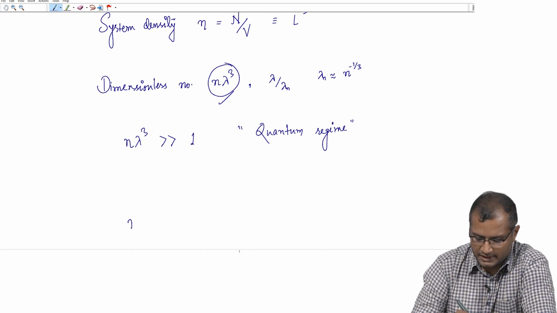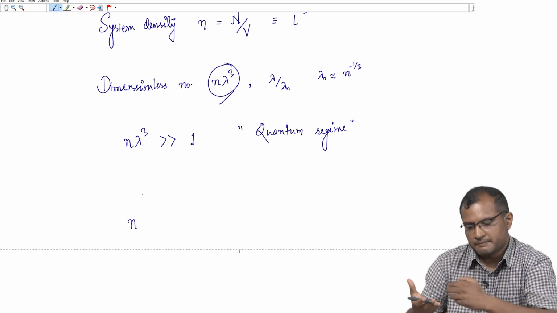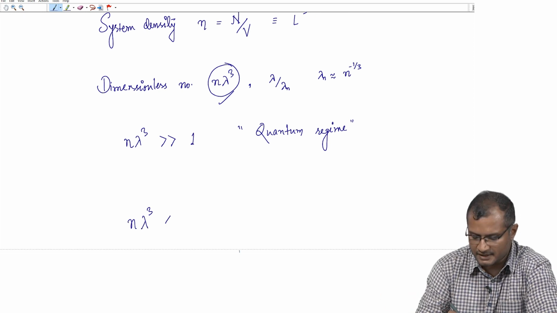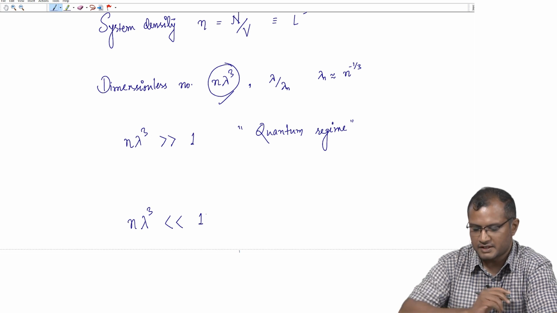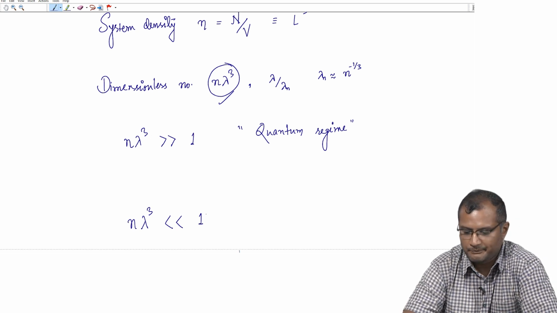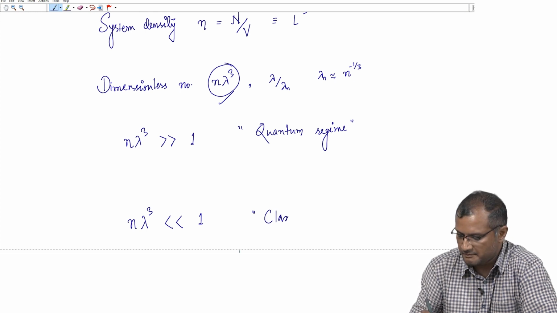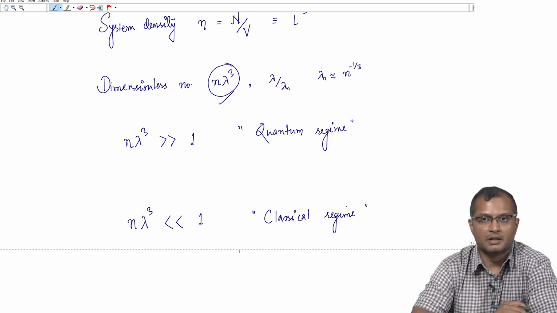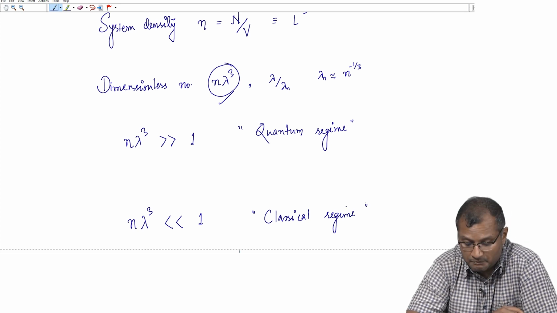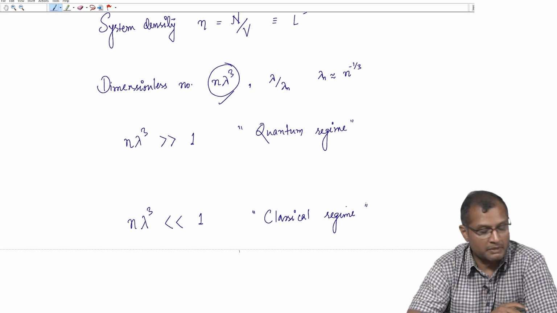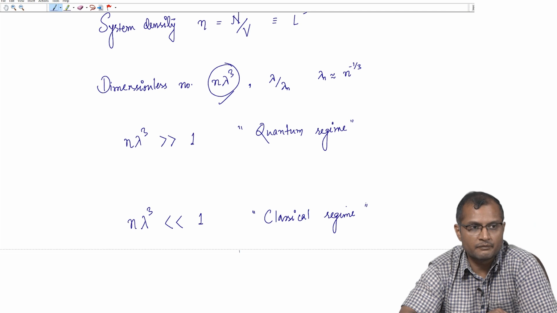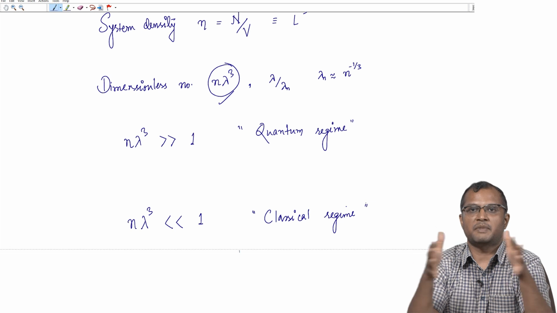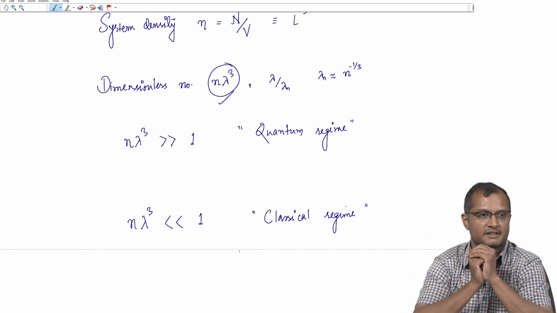I also know that, just by the preceding argument, we can push this limit to the other side. So, I can say that if this dimensionless number is much smaller than 1, then I am in the classical regime. Of course, because I can push n lambda cube to be much less than 1 by making n very, very small, thereby increasing the separation between particles such that the particle separation far exceeds the de Broglie wavelength.